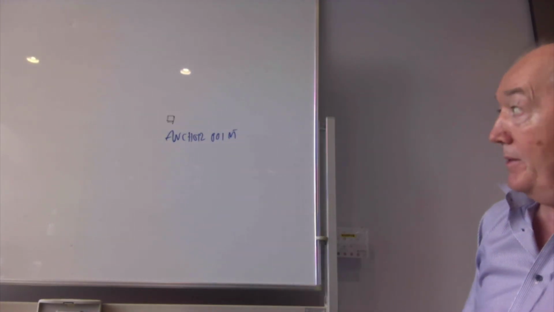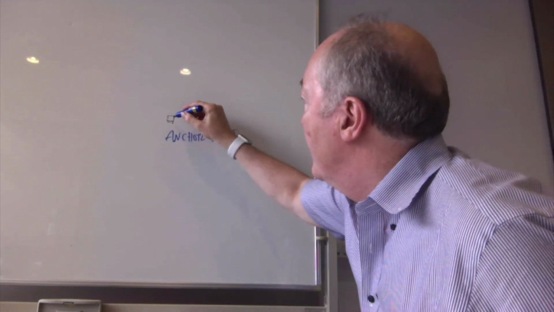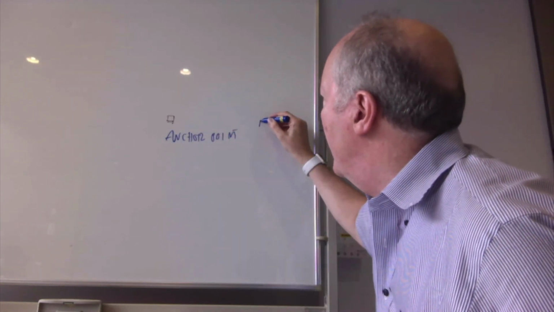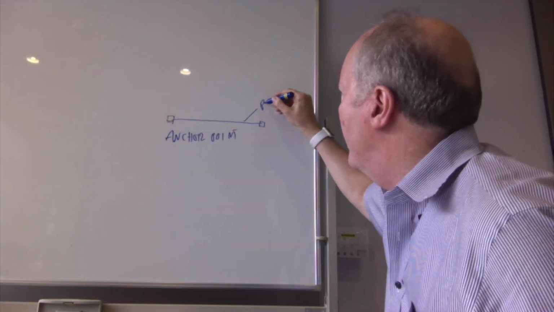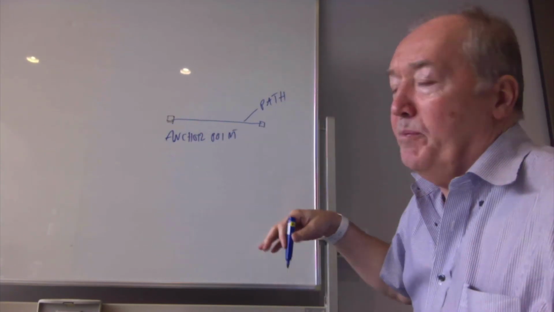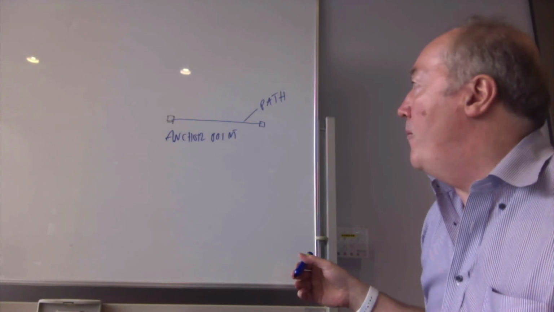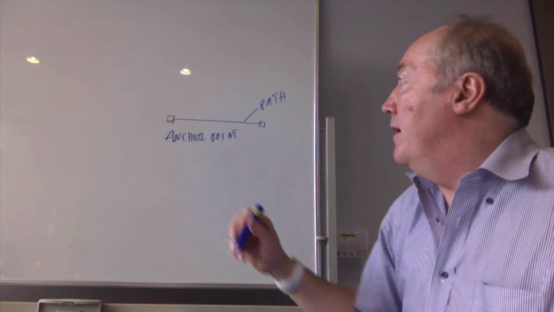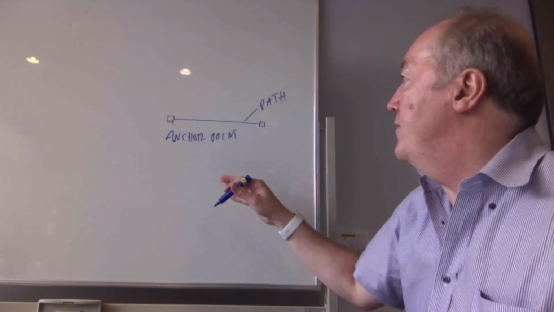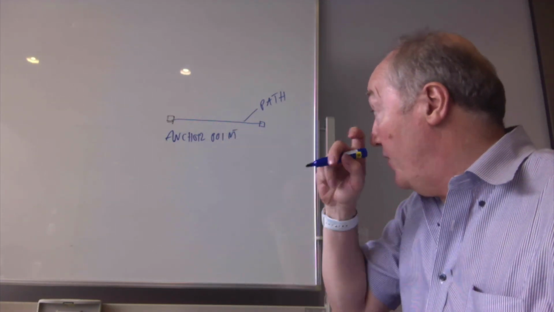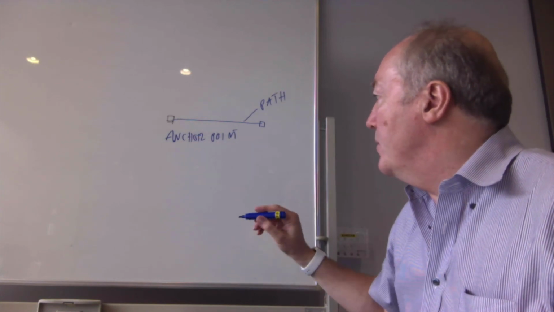Using an anchor point, and then we've clicked on another anchor point here, and what you get between those is the path. It's on the path that you can do things like stroke a line, or if you've got lots of paths, you can close them up and fill them with something. So that's fine for straight paths. What we're going to move on to is curved paths.